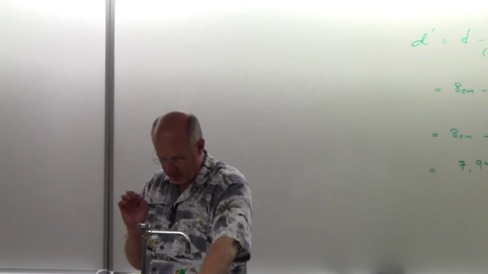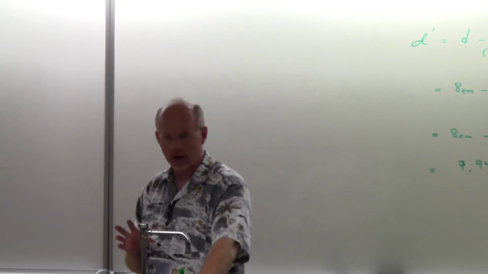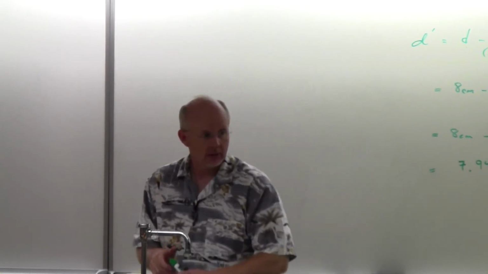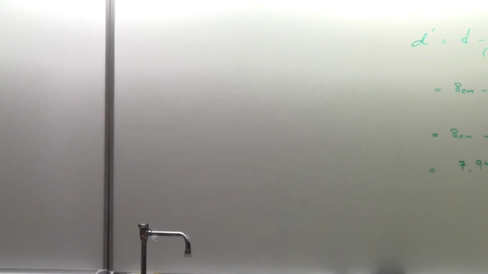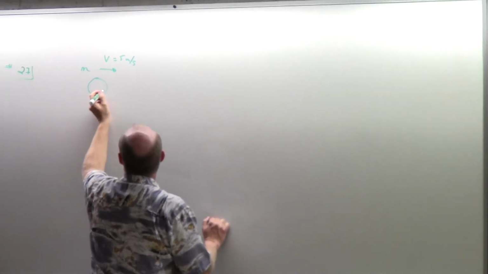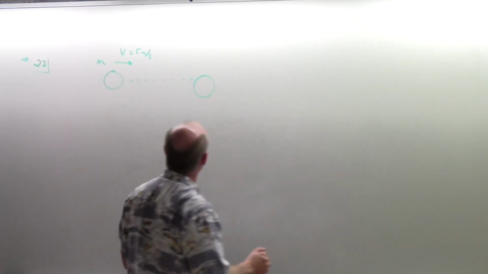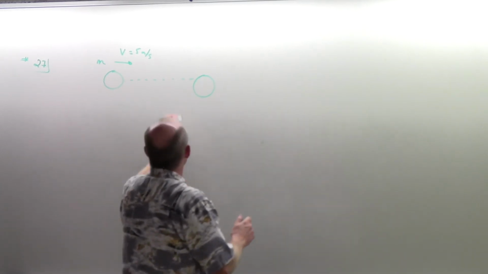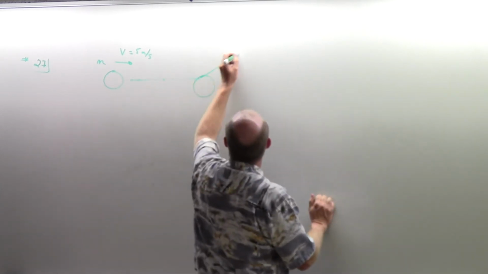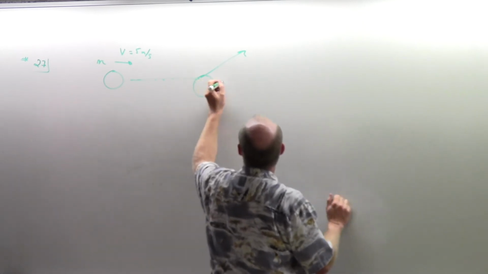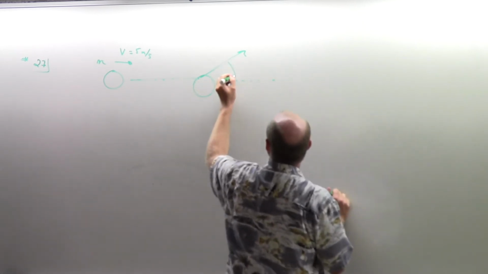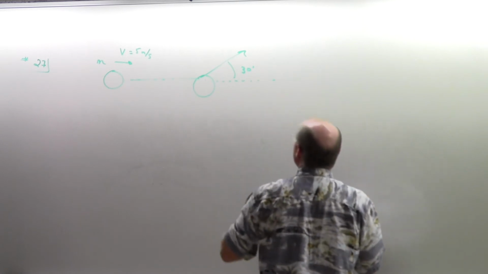Find the struck ball's velocity after the collision. All right, so here's the picture. We've got one object of mass m. They don't tell us, but they do tell us it has a speed of 5 meters per second. It's coming along, and then it strikes a second one. The first one ricochets off, and so instead of going in the same direction, it is now at 30 degrees.